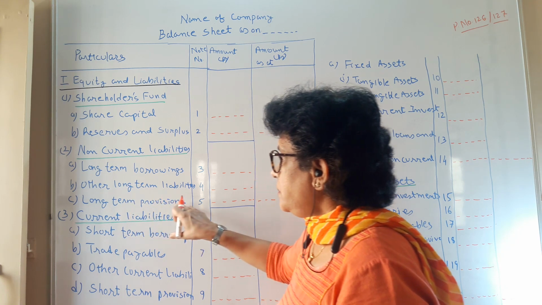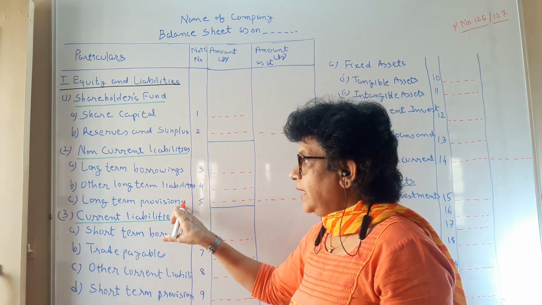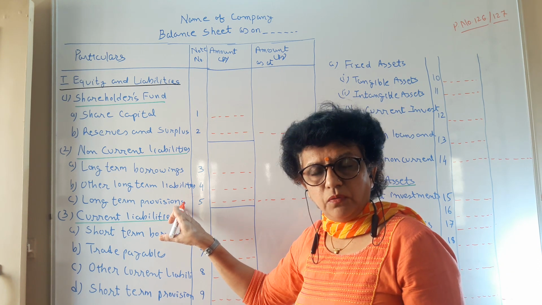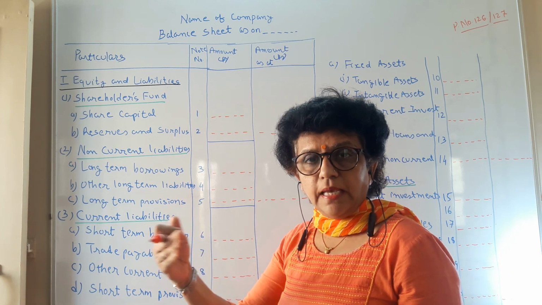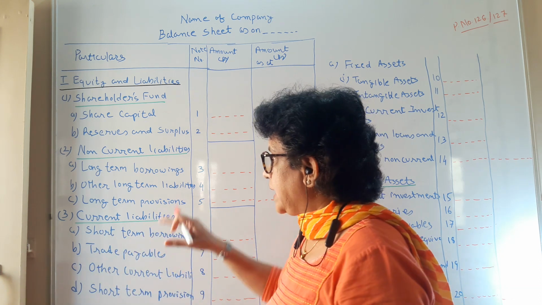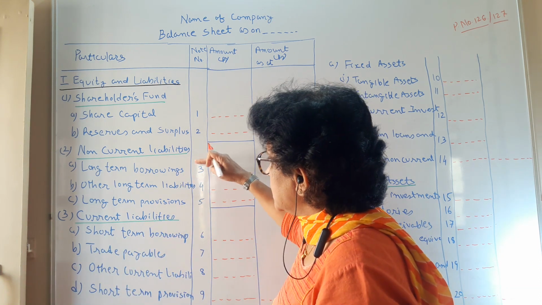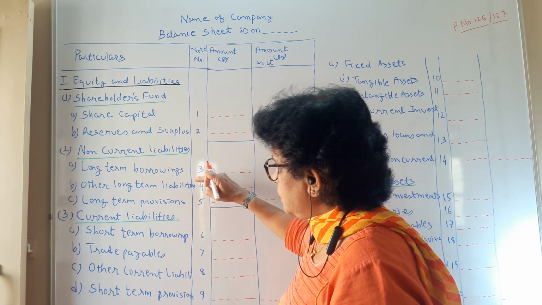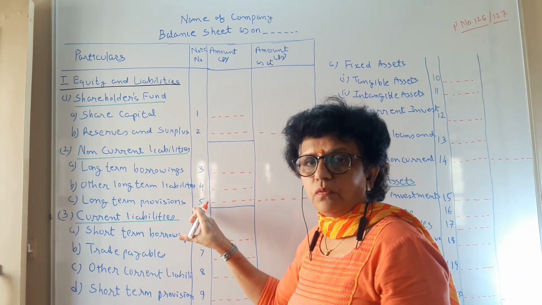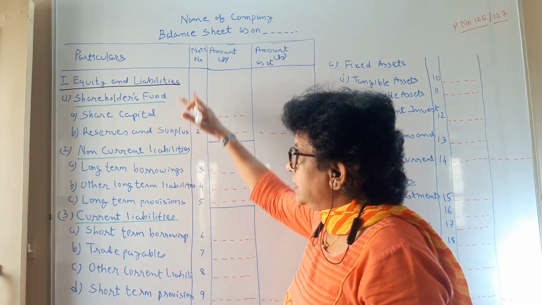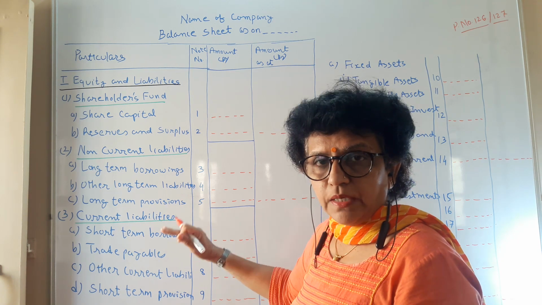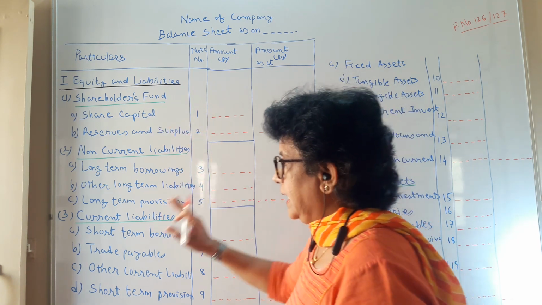And the long-term provisions. We have to have a provision for the repayment of debenture, or a provision for any expected liability for a longer period of time. For every sub point you have the note, and the content of the note we will see later on. First, we are arranging all the basic information regarding our equity and liability.